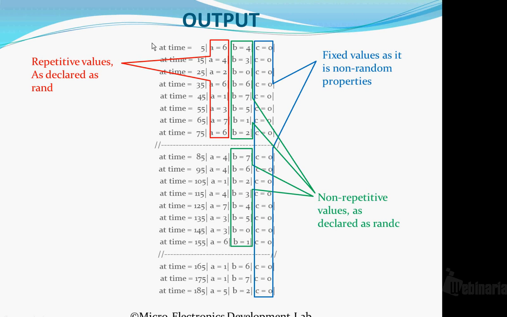When we randomize the class object 8 times, in the 8 outputs the value of A gets repeated; here you can see value 6 appears 3 times out of 8 outputs. Whereas B does not repeat any value; it iterates through its values from 0 to 7. You can see 4, 3, 0, 6, 7, 5, 1, 2.